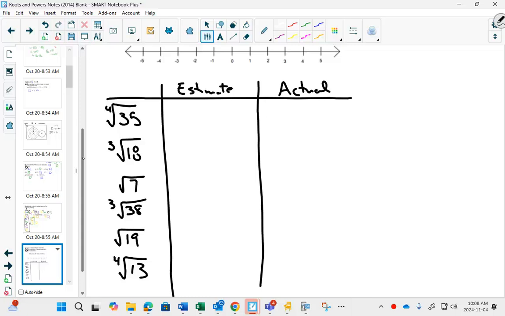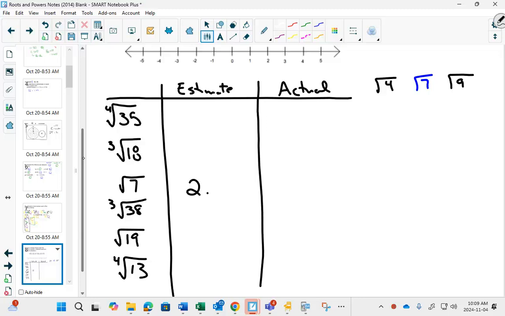So when I have the square root of 7, you see that it is somewhere in between the square root of 4 and the square root of 9. So our estimate is it's going to be 2 point something. Because square root of 4 is 2 and square root of 9 is 3.